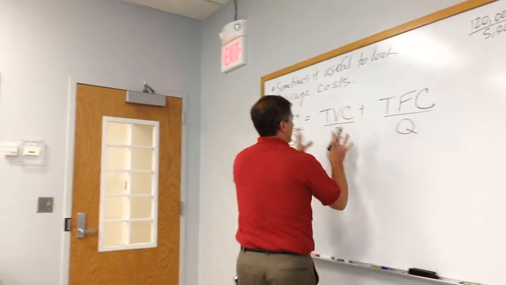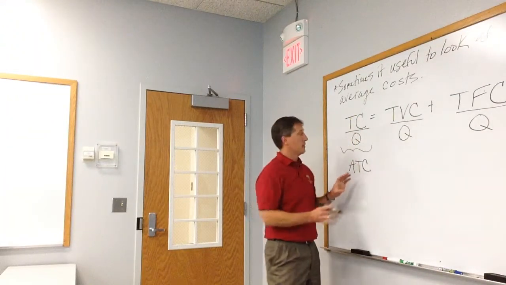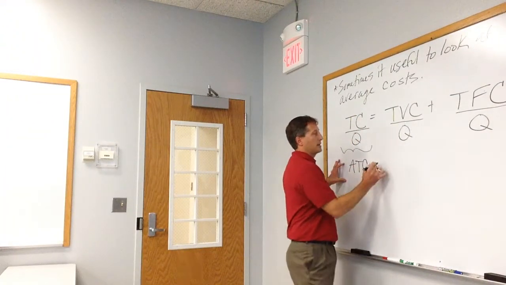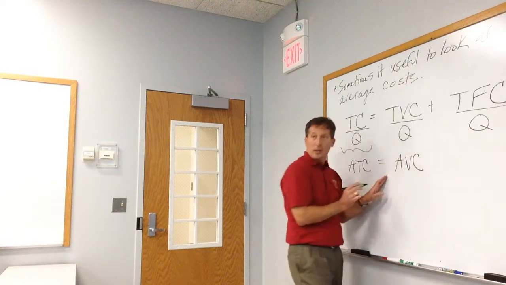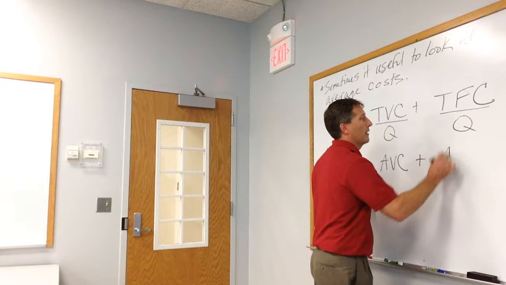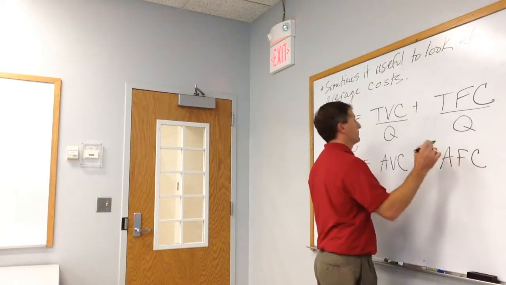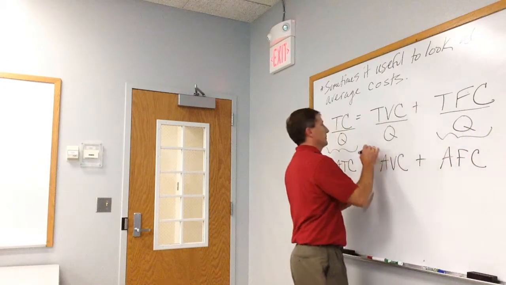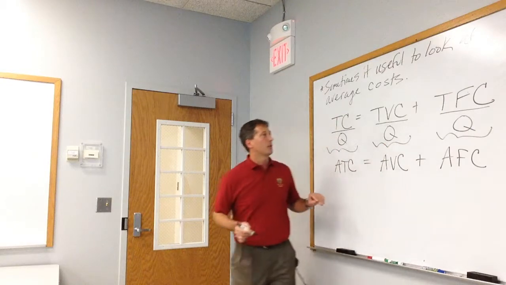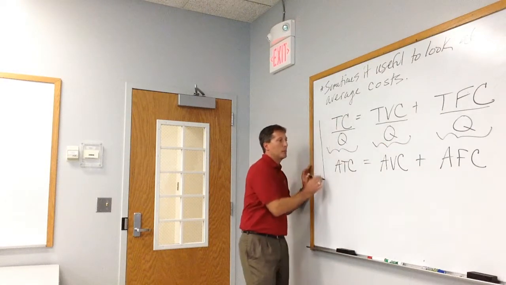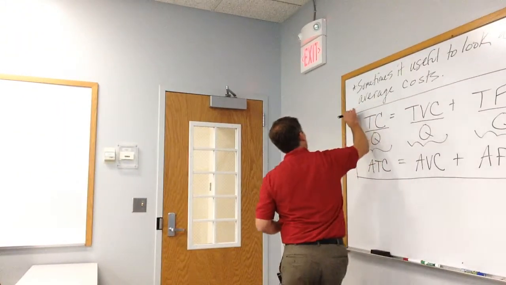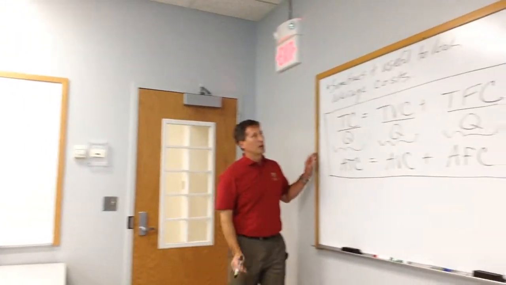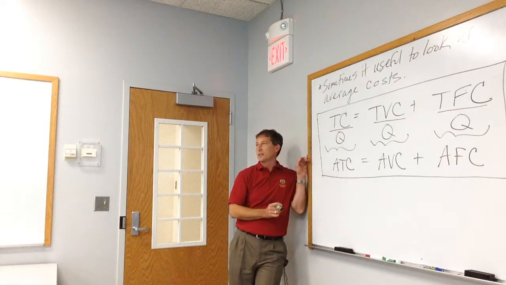That can be broken down into its averages also. So the average total cost of 24 is going to be broken down into the average variable cost per unit plus the average fixed cost per unit. And this is a formula that I recommend you memorize. So put a little note in your notes to memorize this whole thing.